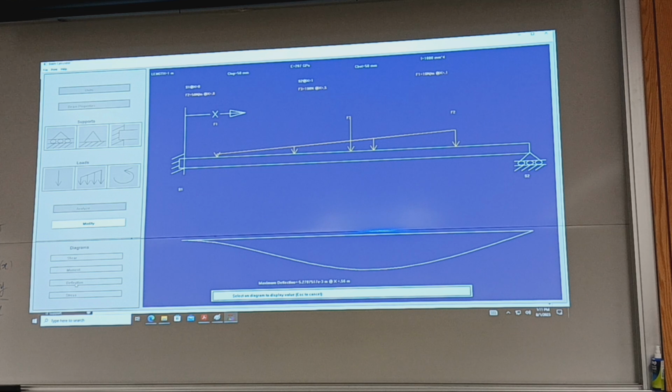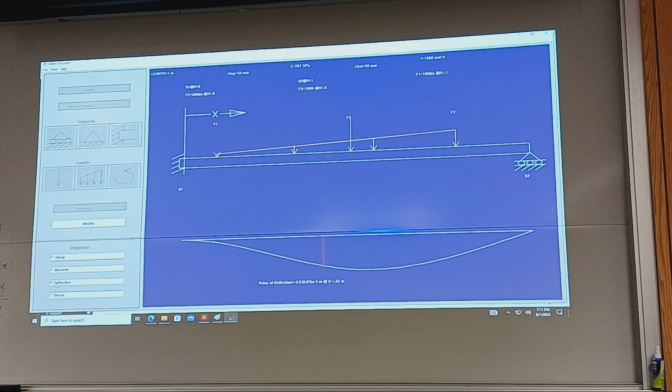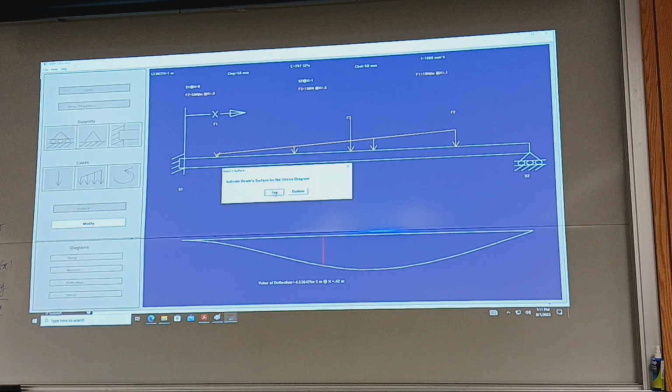Let's see. As you can see, you cannot click anywhere. It just takes you to where the nodes are. And then we have deflection, but we don't have stress.